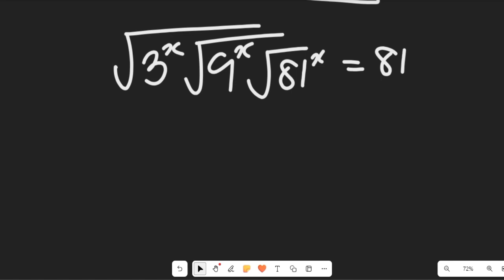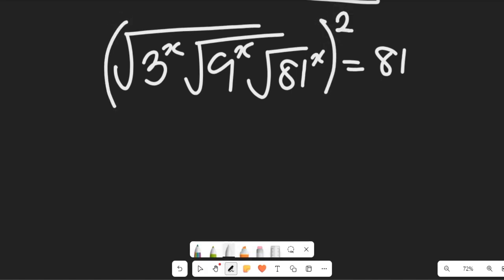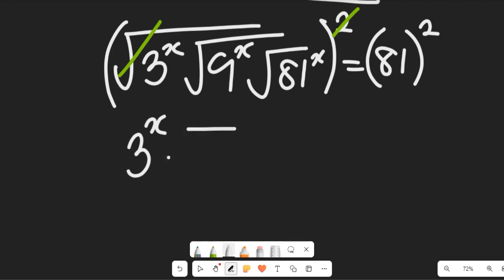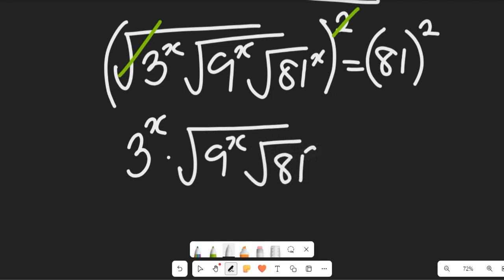In the first instance, if we square both sides, you're going to find out that this square will only have to deal with the first square root, and then we'll be left with 3 to the power of x multiplied by the square root of 9 to the power of x multiplied by the square root of 81 to the power of x, and this will be equal to 81 to the power of 2, right?